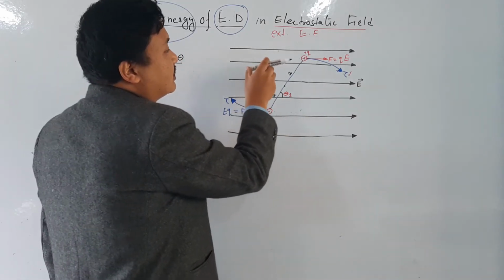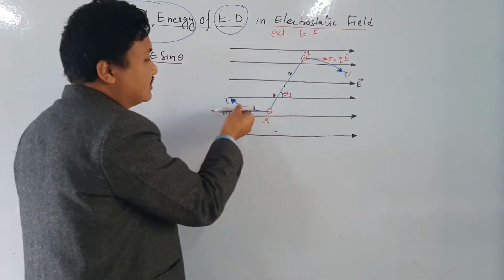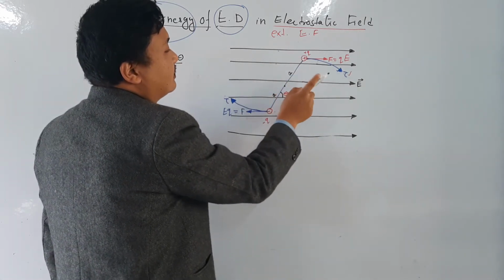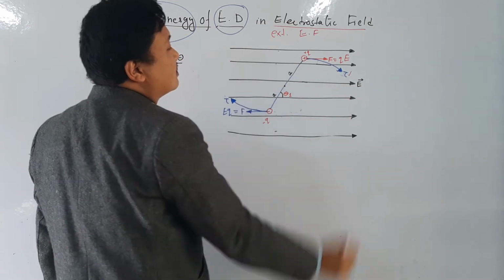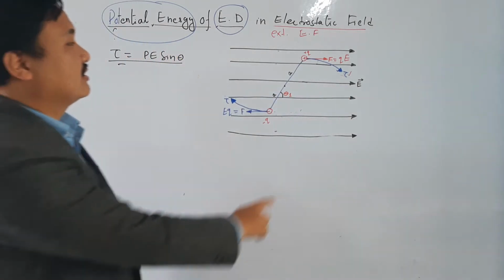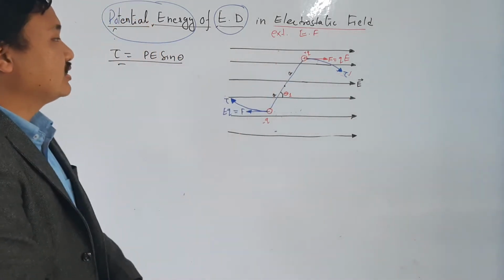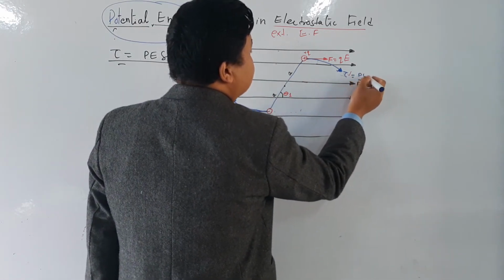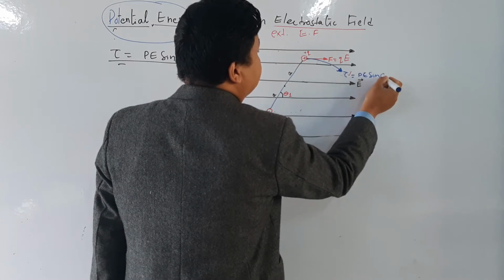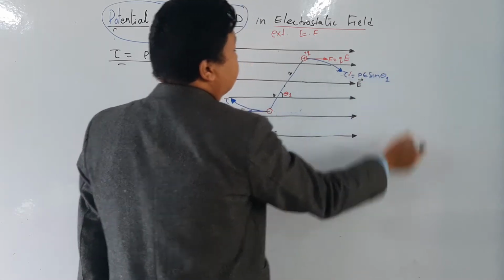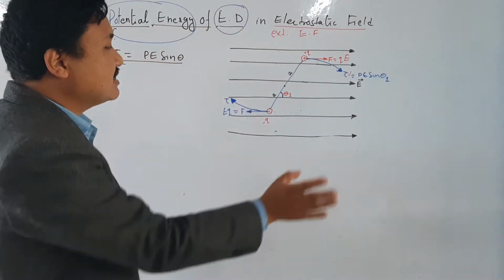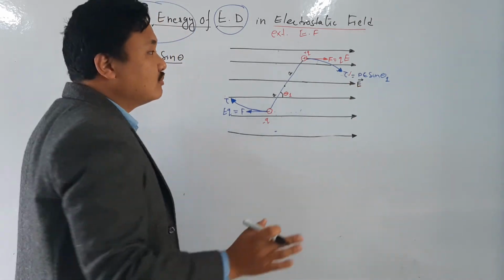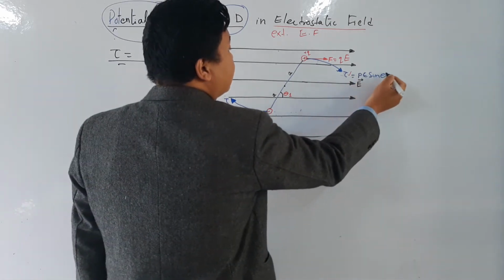So one force in this direction, another force in this direction, and it will rotate like this, and this is the torque with which this is rotating, or you can write this as PE sine theta 1. Why sine theta 1? Because let the angle between electric field and the dipole moment P be theta 1.